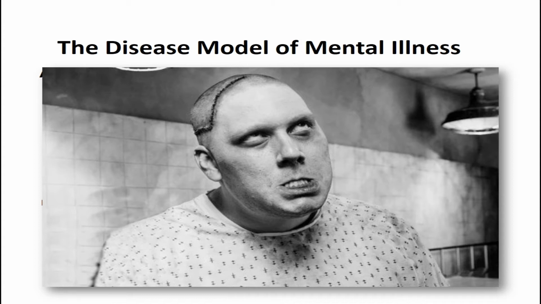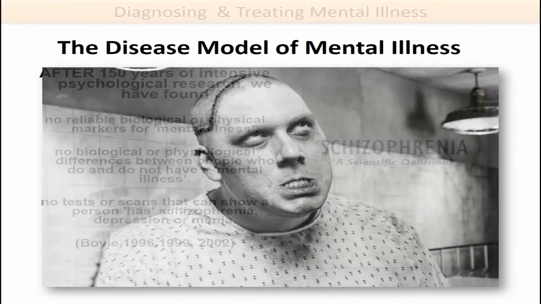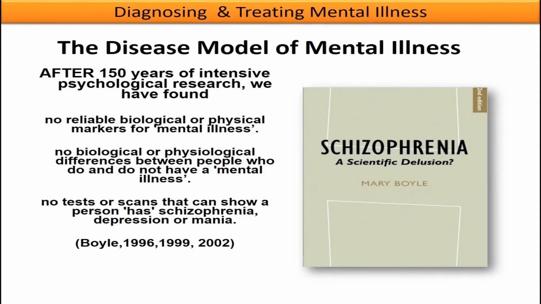Now, people like Mary Boyle, who's a professor in clinical psychology, have stated that there are no reliable biological or physical markers for mental illness. There are no biological or physiological differences between people who do and do not have a mental illness, and there are no tests or scans that can show a person has schizophrenia, depression, mania, and so on.